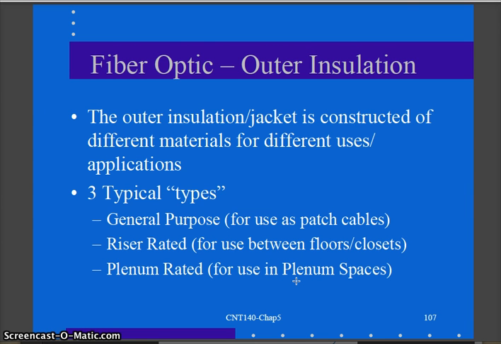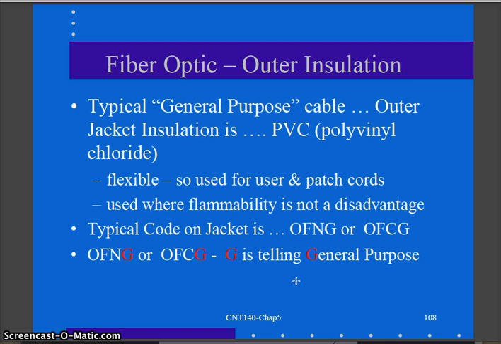The outer insulation I have on fiber, well, this is going to sound like a repeat. I have three different types: general, riser, and plenum rated. A general purpose fiber optic patch cable that I would use between devices inside of a closet might have general purpose polyvinyl chloride insulation on it, flexible for use as patch cables, and the code on the outside of the jacket would be OFNG or OFCG.